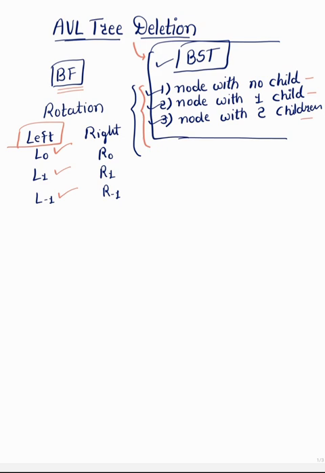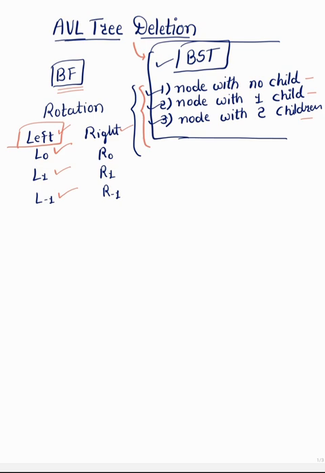There are basically two types, left and right rotation. In the previous video lecture I discussed R0, R1 and R minus 1. In this lecture we are going to discuss L0, L1 and L minus 1 kind of rotation. Let me quickly take one example and explain it along with the example.